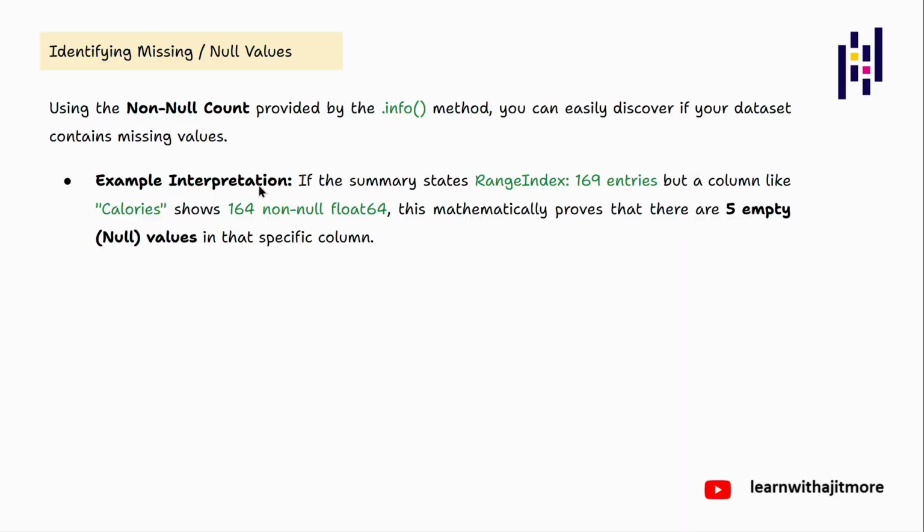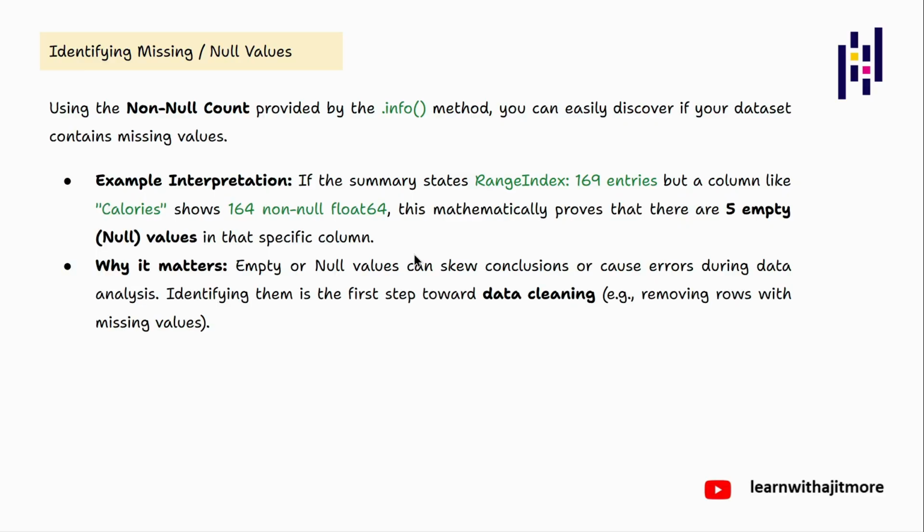See here, in our example, we are interpreting it like this. If the summary states the range index as 169 entries, but a column like calories is showing 164 entries, then use your mathematics knowledge. From your maths knowledge, you can say that total entries are 169 and not-null entries are 164, so obviously in that column there are five empty or null values.